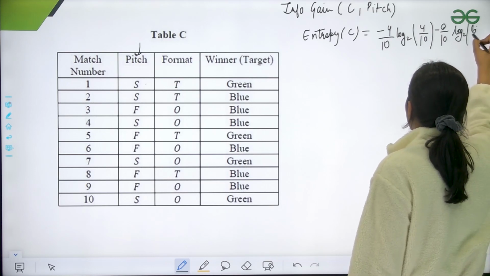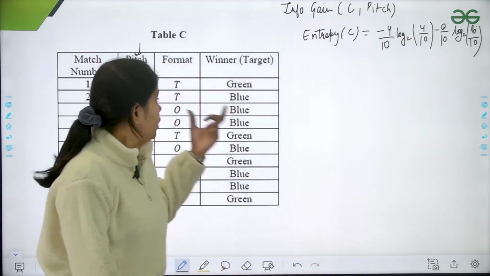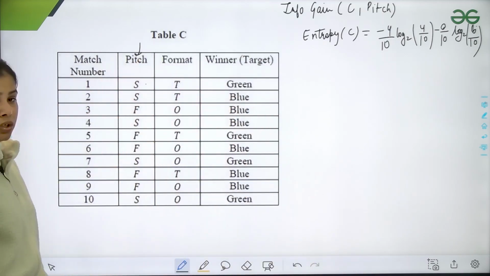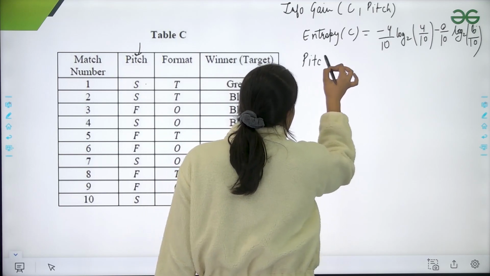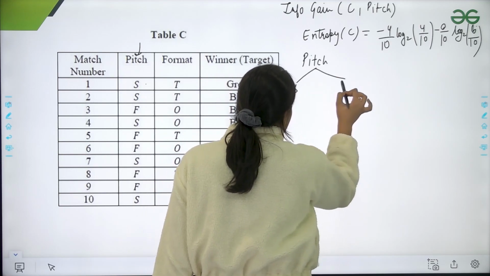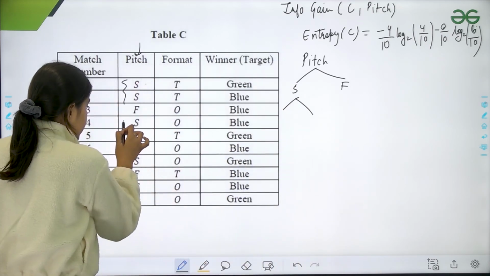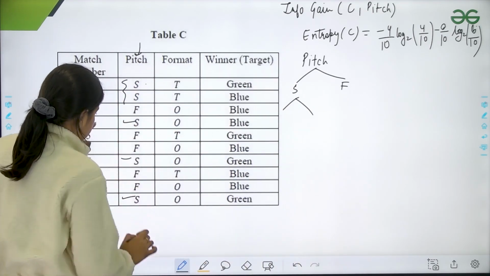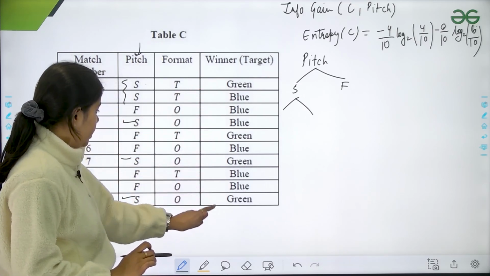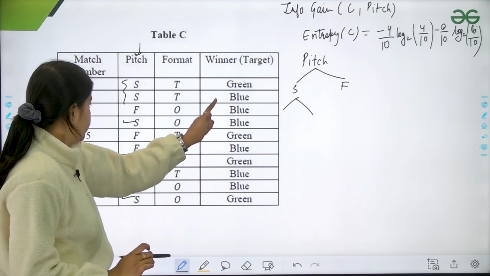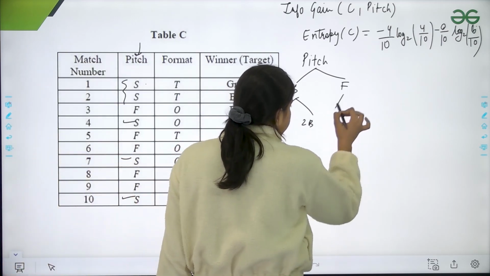This is the entropy of the table, right? Now because I have to divide it based on this pitch, I can see that the pitch gets divided into S and F. In S we have one green, one blue, one blue, one green, one green: 3 green, 2 blues.